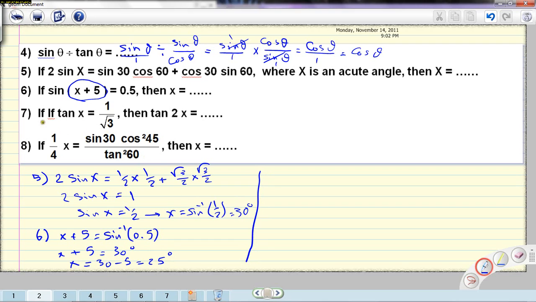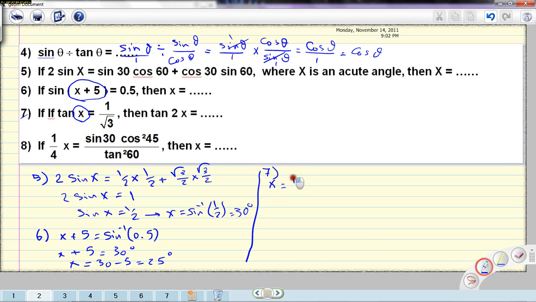Okay, if tan x equals 1 over root 3, what about tan 2x? This question was in the 6th October exam last year. Tan x equals 1 over root 3, so I first have to get the angle x. I'm going to use the calculator to get x. This is question number 7.